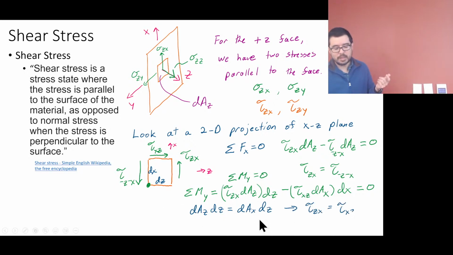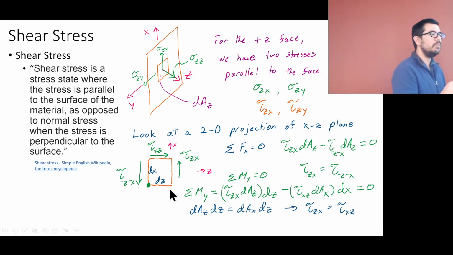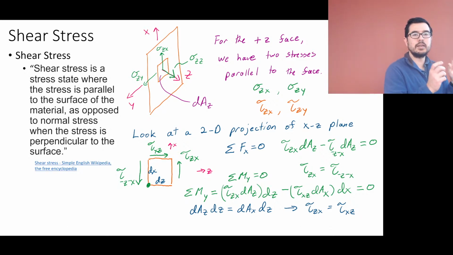We should note that the dAz times the dz and the dAx times the dz, sorry, are the same thing. Some people will just do this in terms of x, y, and z for the different lengths, and what you end up getting is dx, dy, dz for these terms.